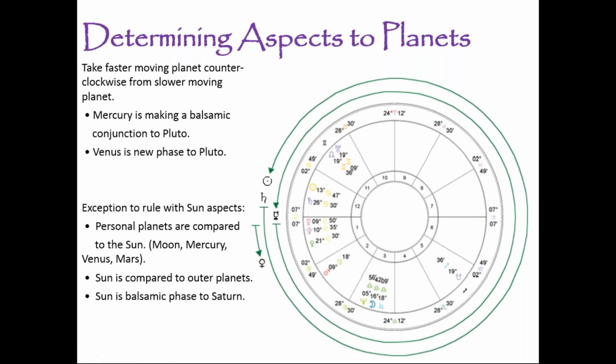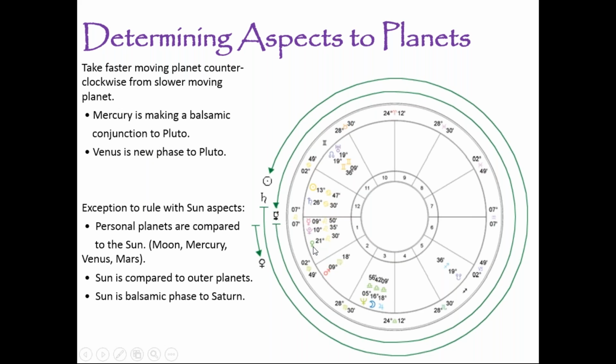It is the starting point. And if you follow this line, which is supposed to match Pluto, and follow this inner circle in a counterclockwise fashion, you go all the way around the circle till you get to Mercury. Mercury is making a balsamic conjunction to Pluto.